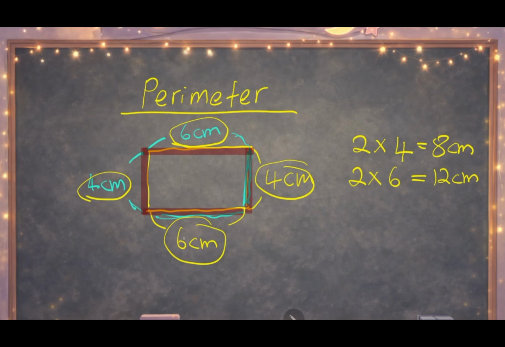Now we have to add the lengths together to get the total length. So I add 8 centimeters and 12 centimeters, which in total makes 20 centimeters. So the perimeter of this rectangle is 20 centimeters.